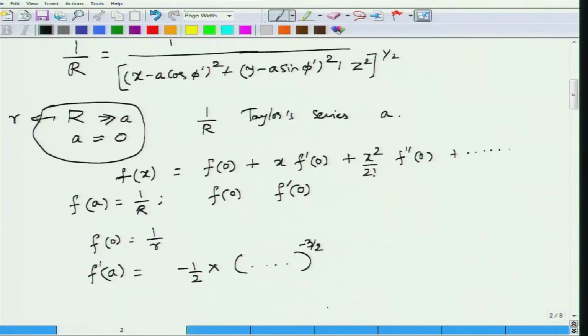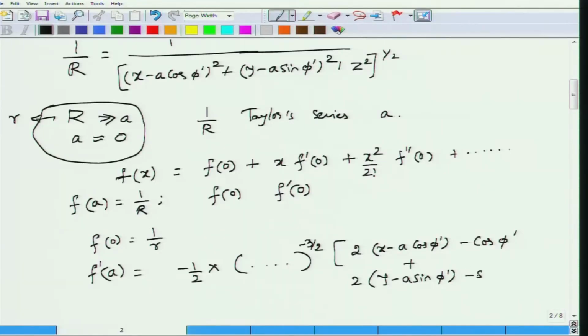So when you differentiate that, you are going to get 2 times x minus a cos phi prime, and when you differentiate a minus a cos phi prime itself with respect to a, you are getting minus cos phi prime, plus 2 times y minus a sin phi prime, because of this term y minus a sin phi prime whole square.